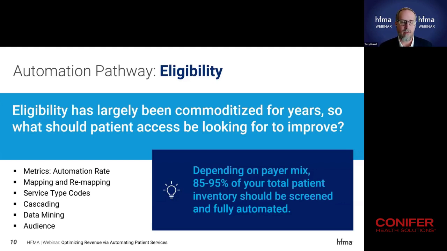If you don't have any mining going on behind the scenes prompting the end user to make a change based off the data we're able to pull out of that 271, that's going to lead to your eligibility denials, and we'll talk a little about that from a data perspective.